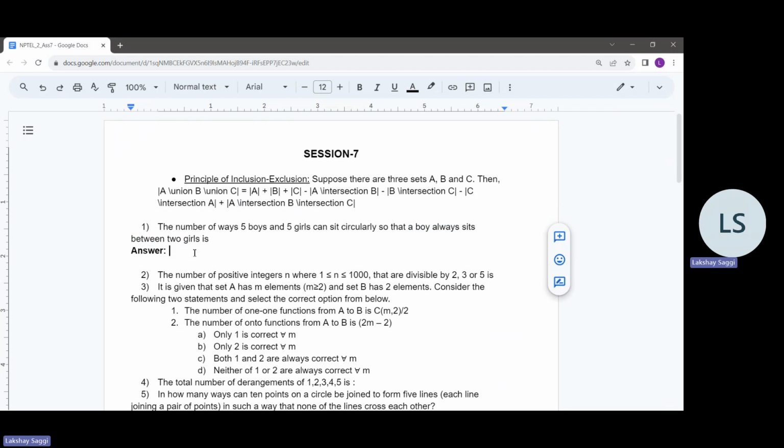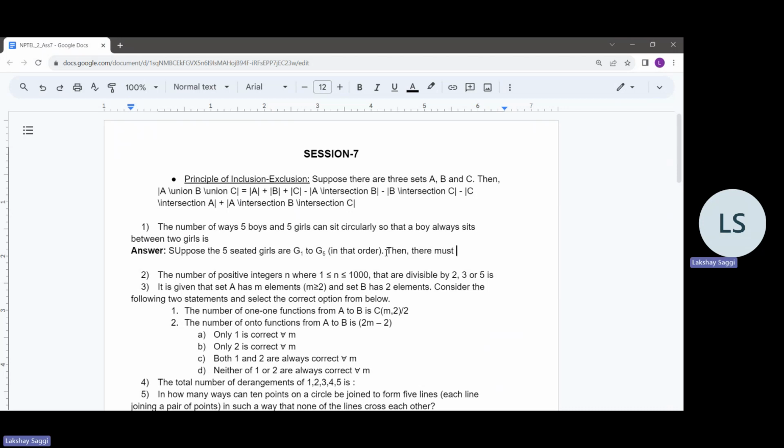So let me just write it down. Suppose the 5 seated girls are G1 to G5 in that order.